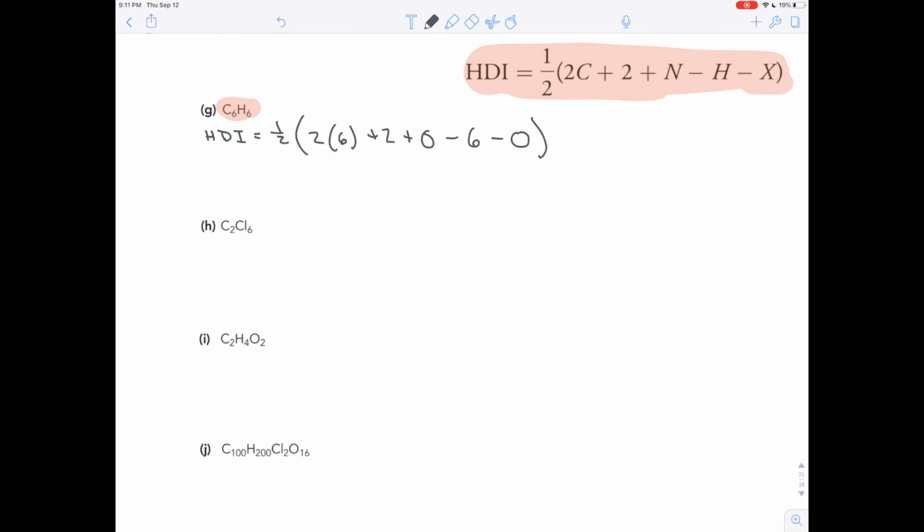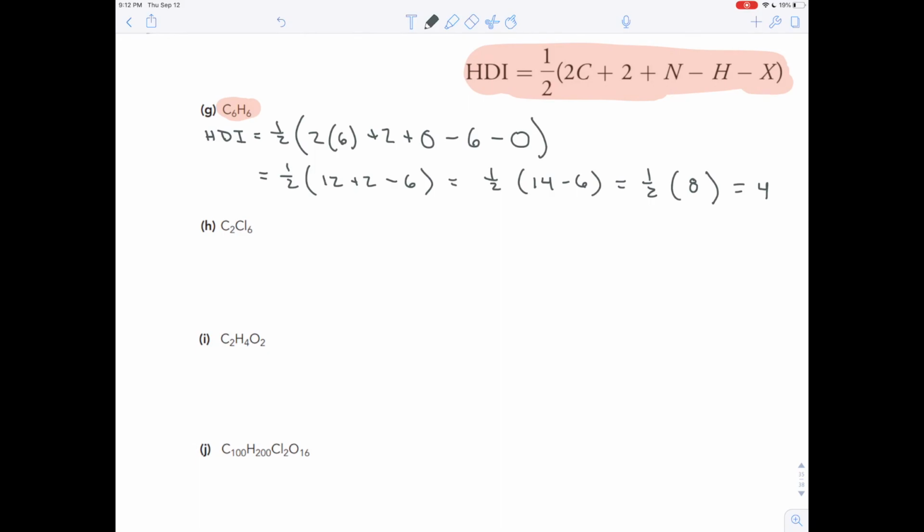We don't have any of those, so 0. Hydrogen deficiency index will be 1/2 times 12 plus 2 minus 6. So that's 1/2 times 14 minus 6, or 1/2 times 8. I'm sorry, 14 minus 6, yeah, 8. And so this will be 4. So this has 4 degrees of unsaturation.